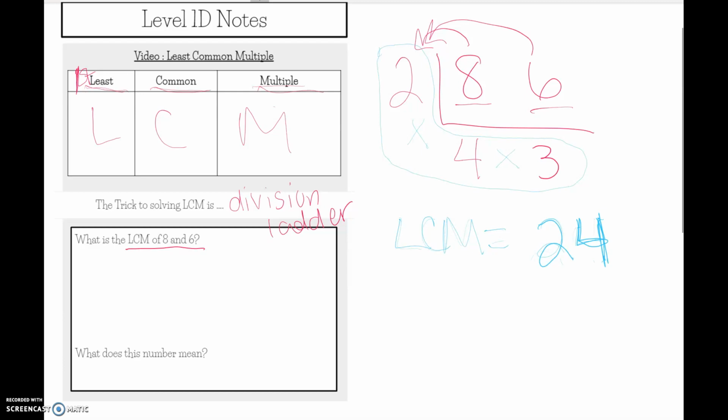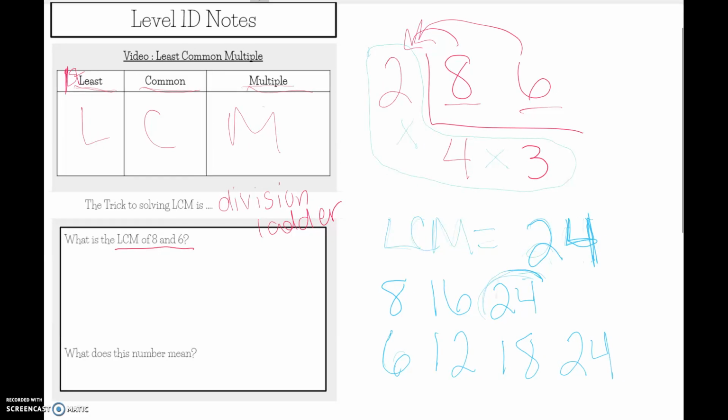And if I listed out their multiples, like let's say I did my multiplication facts here. If I start with 8, I'm going to have 8, 16, and then I get to 24. I could keep going, but I'm going to stop there for the moment. When I do the same thing with 6, I get 6, 12, 18, and then I get to 24. But look, as I list their multiples, 24 is the first common multiple they have.